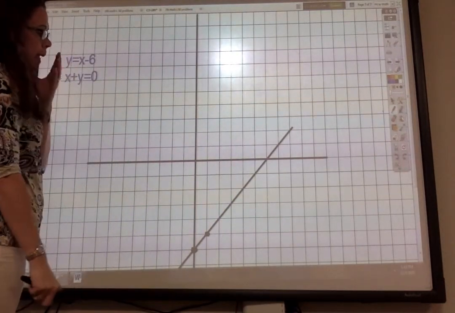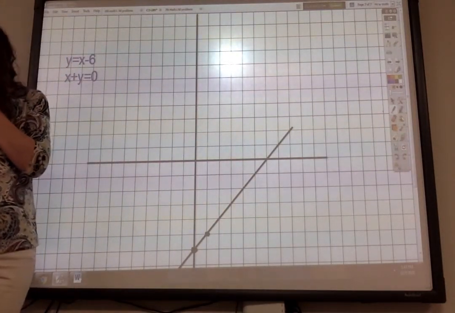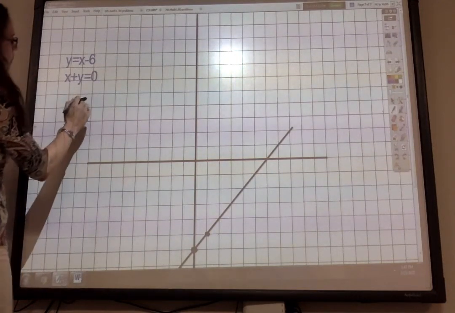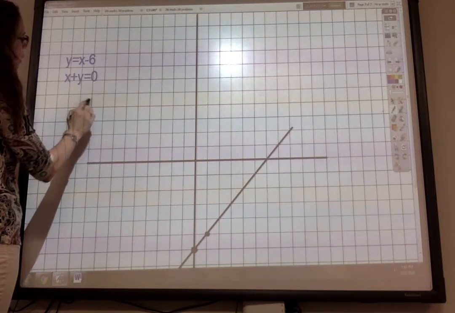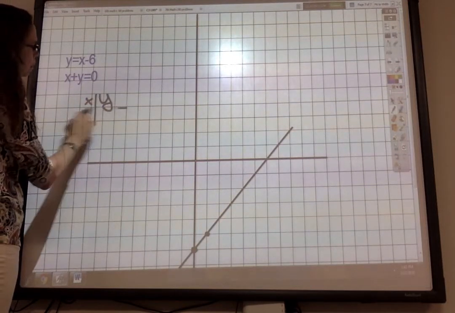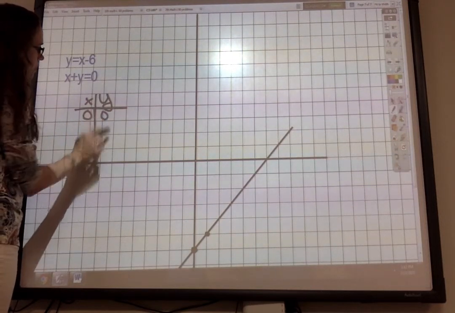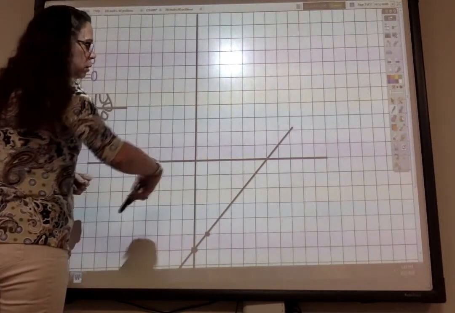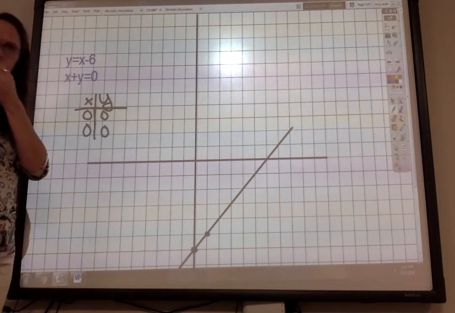Now this one, when x is 0, y is 0, but when y is 0, x is also 0. So we don't know which way our slope goes.